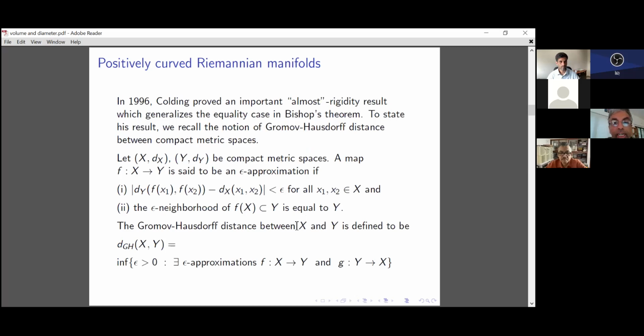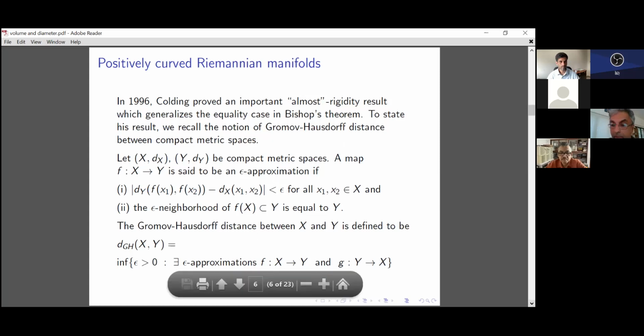So in 1996, Colding proved an almost rigidity result, which generalizes the equality case in Bishop's theorem. Here the key new concept is the Gromov-Hausdorff distance between compact metric spaces. This is supposed to capture the notion of closeness of two Riemannian manifolds, or more generally metric spaces.